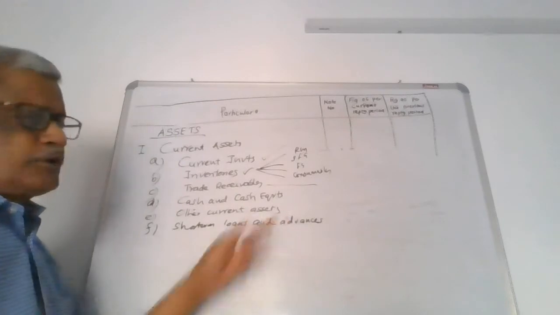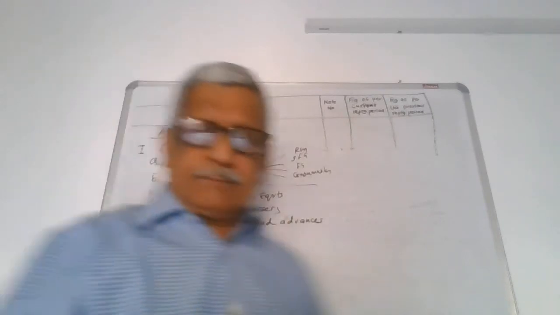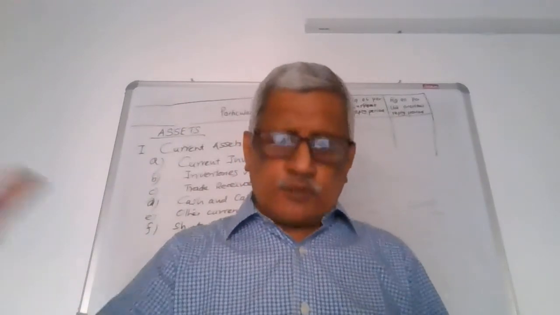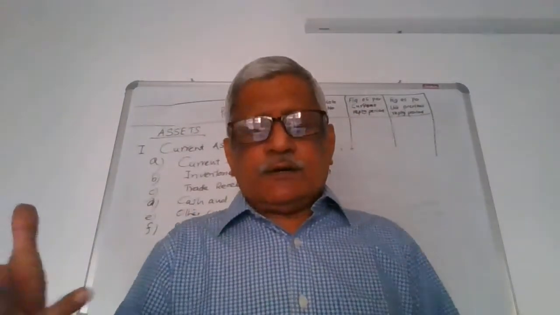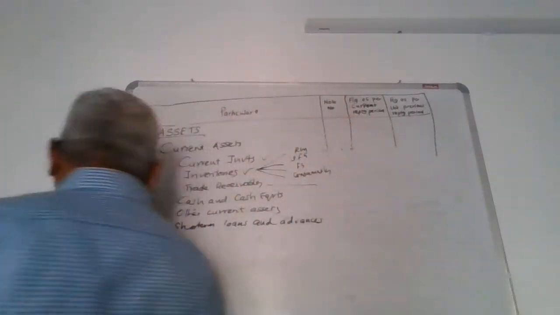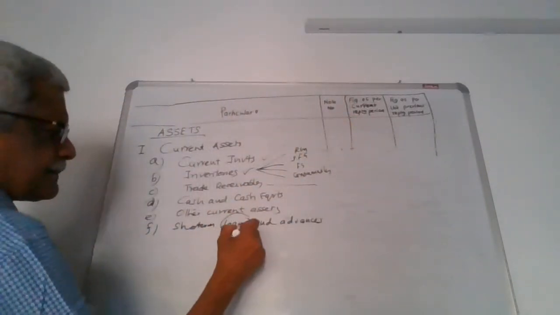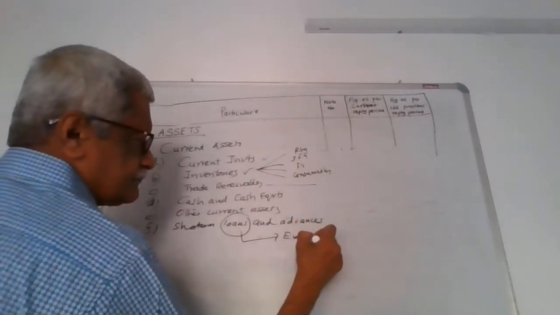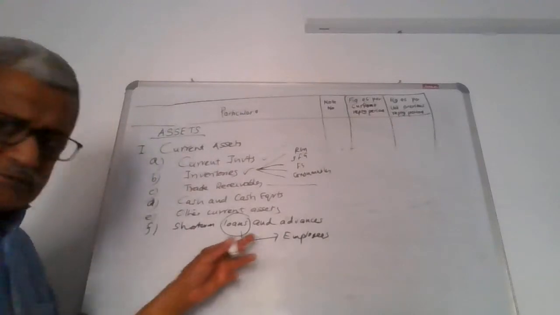Next one is short-term loans and advances. That is, the company is giving either a loan or an advance for a short-term period. Short-term period means to be recovered within a period of 12 months. Let us understand the loans part of it first. The company is giving a festival advance to employees, to be recovered within a period of 12 months.